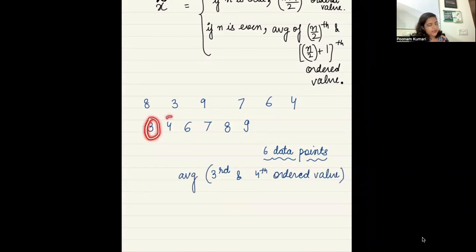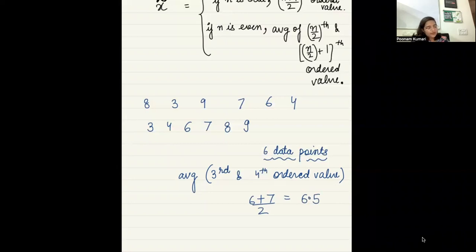This is first, second, third. So 6 is the third value and 7 is the fourth value. So you have to take an average of these two numbers. What is the average of 6 and 7? 6.5. So you do 6 plus 7 divided by 2, which is 6.5. So that is your median, right?